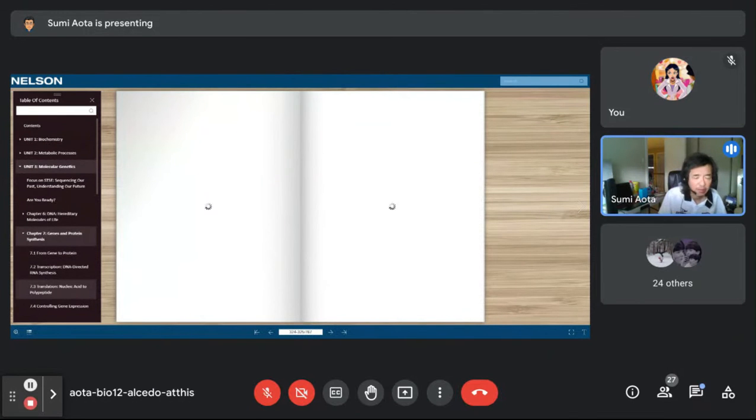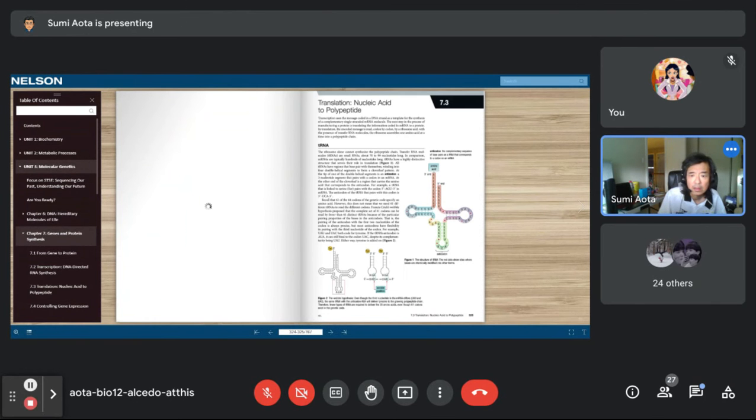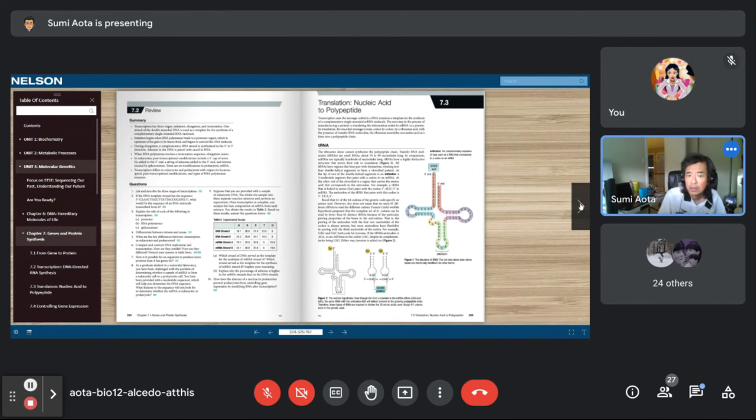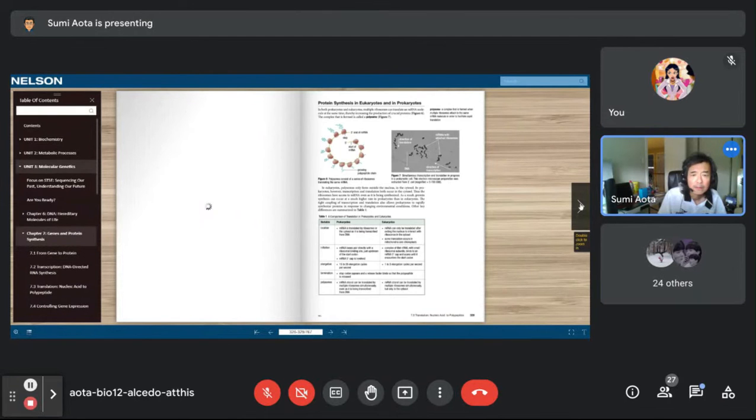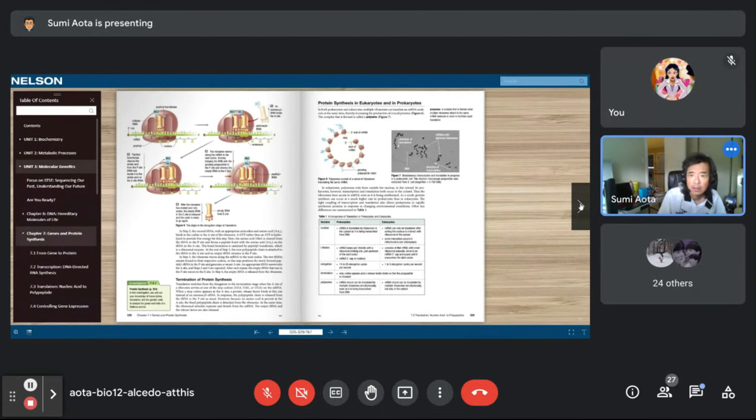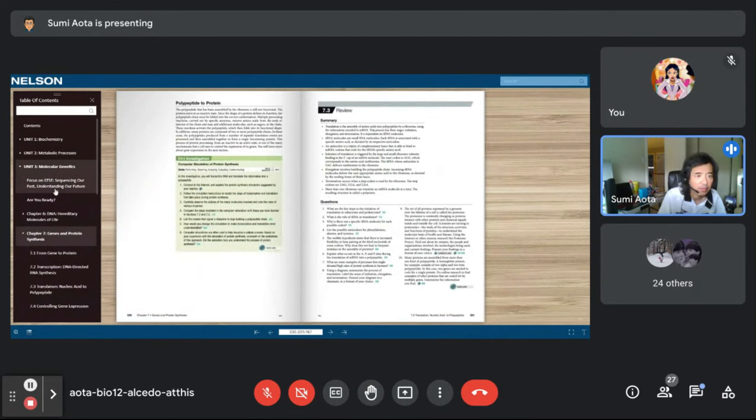Okay, if you go to section 7.3, maybe it's not in 7.3.